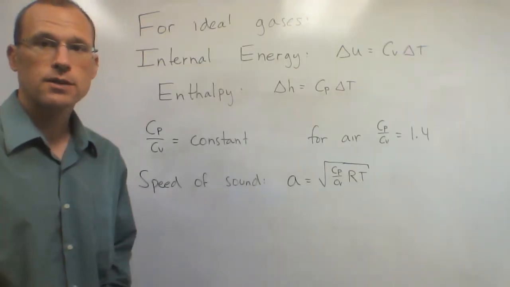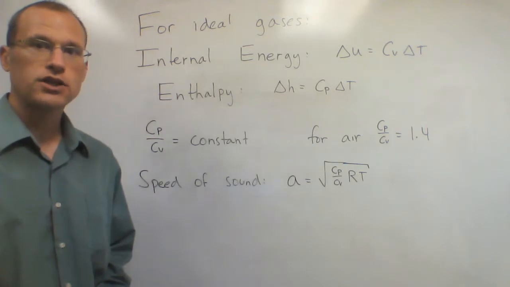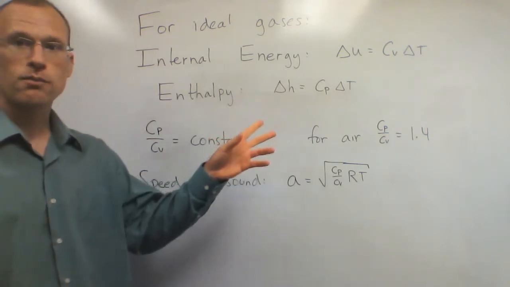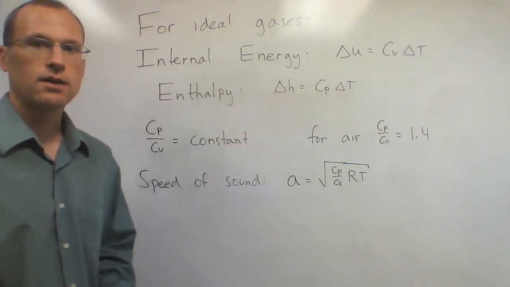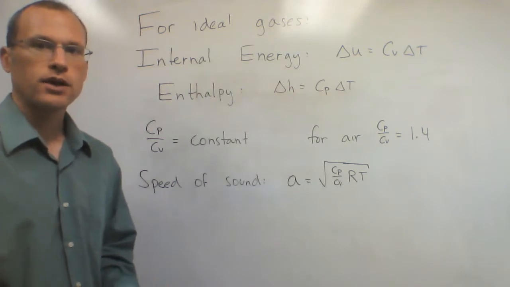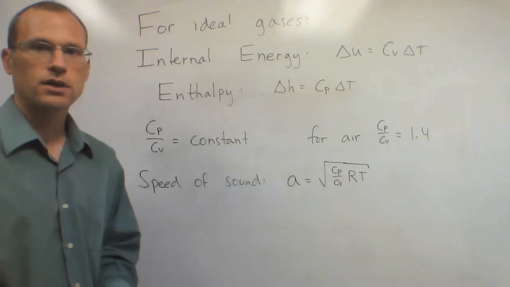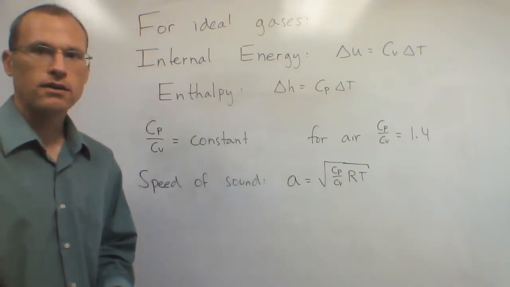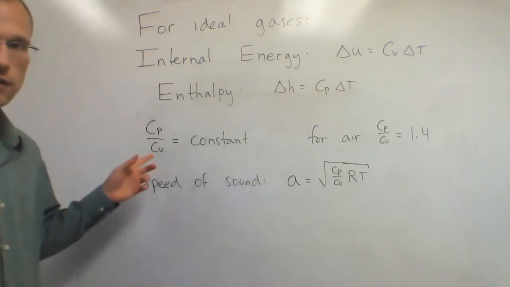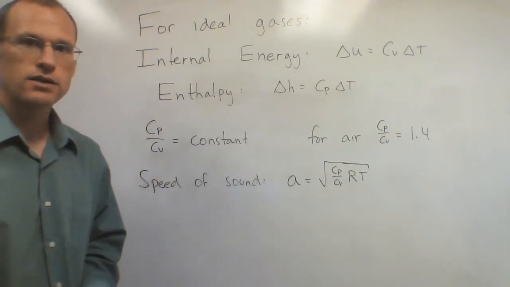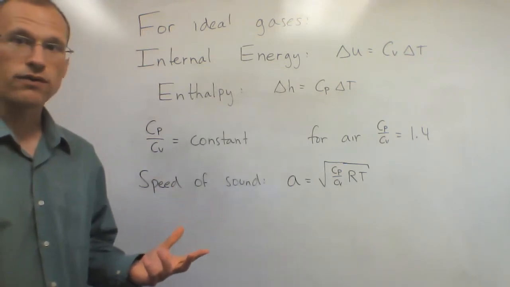And then other relationships for ideal gases: a change in internal energy, this is per unit mass, is just CV times delta T, change in temperature. The change in enthalpy, again per unit mass, is CP times delta T. And then this ratio of CP over CV is a constant for ideal gases. For air, the value is 1.4.